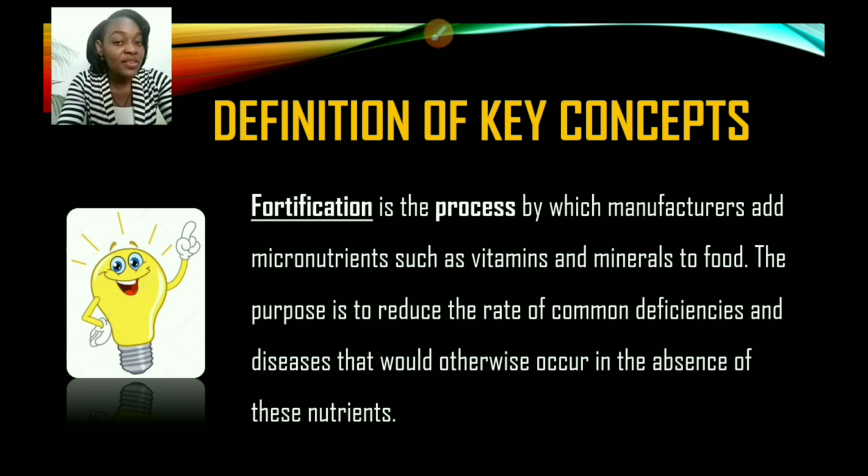Now, thinking of milk, what nutrient do you notice most is fortified in milk? It is fortified with vitamin D. Yes, the milk has vitamin D in it, but sometimes during processing, these nutrients get lost, right?